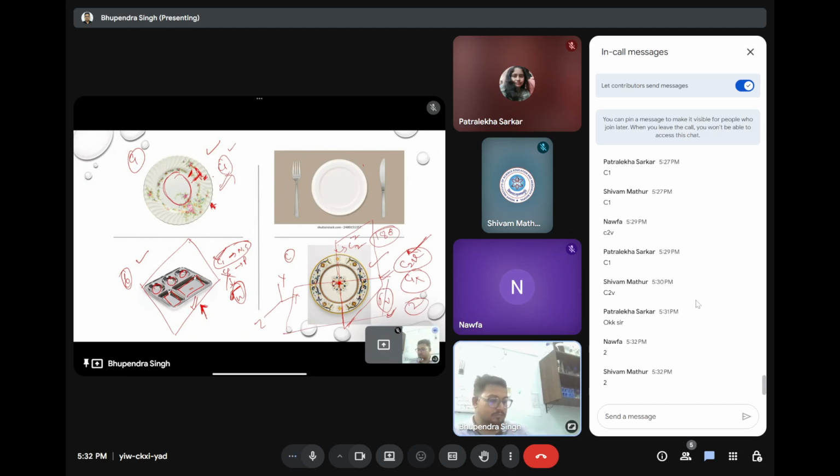Now this should be simple for you guys. Tell me the point group of this plate.